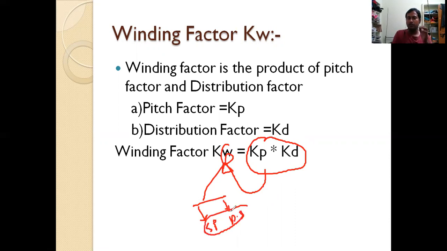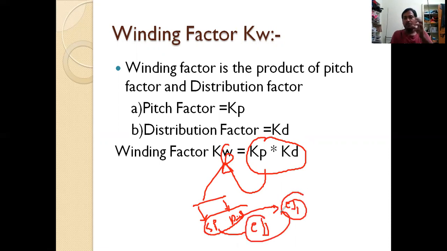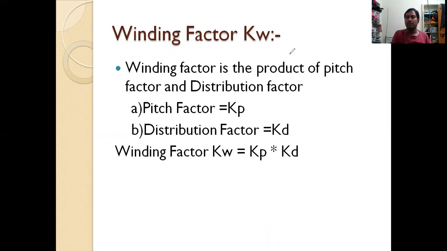Because of the short pitch winding, EMF will be reduced, and because of the distributed winding, EMF will be reduced. How much the EMF is reduced is given by the winding factor. There is a derivation for Kp and Kd. I will explain further, and I will explain a few problems on Kp and Kd so that you can understand better.